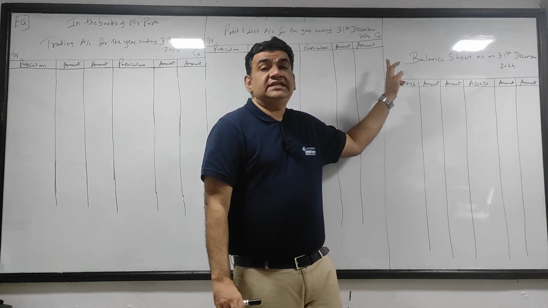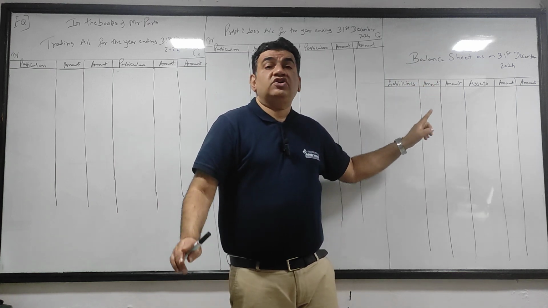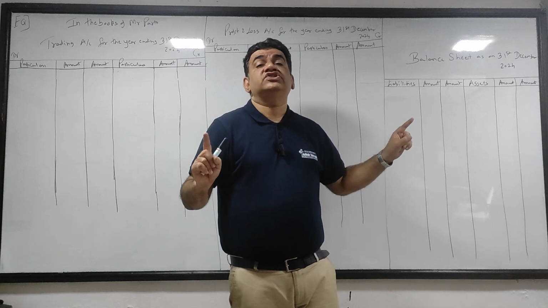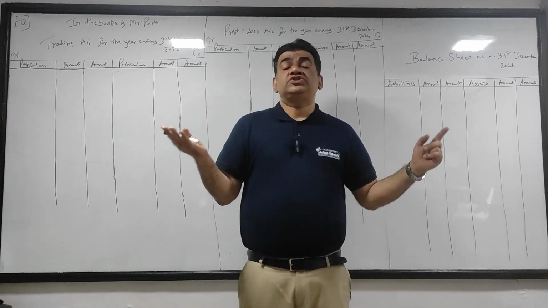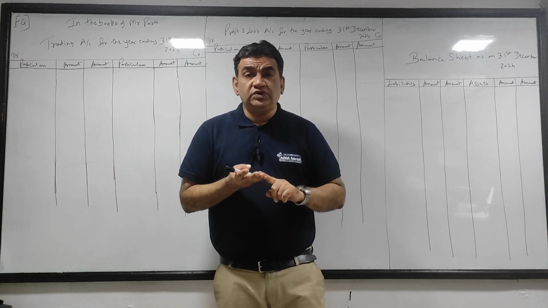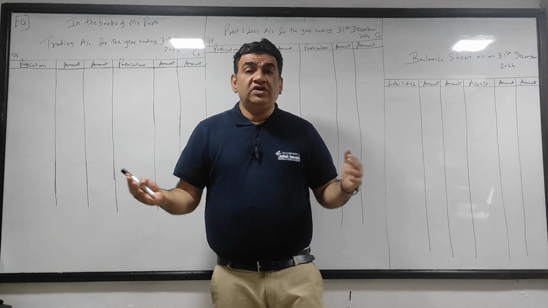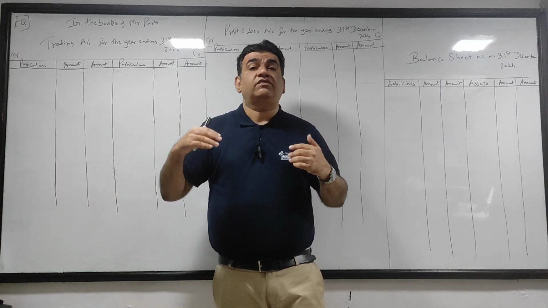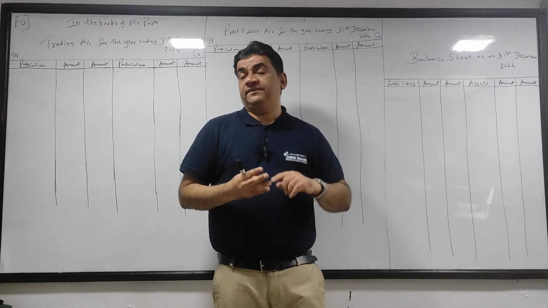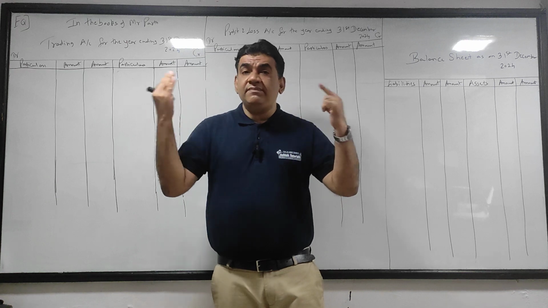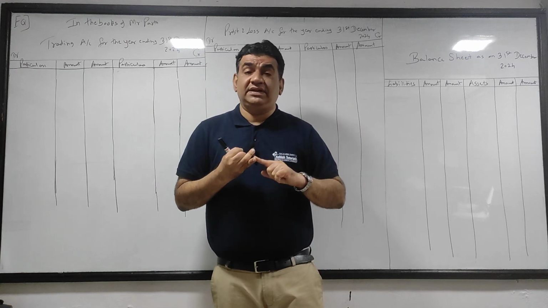Therefore, if you see, there is no debit credit because this is not an account, it is only a statement. Asset means property which belong to you and any amount which is receivable by you from someone else. And liabilities, you all know the basic meaning, where anything is payable to anybody, that is liability.